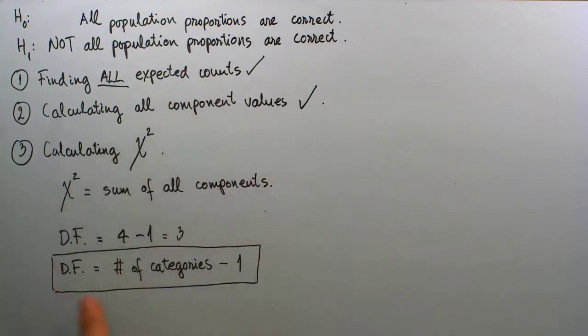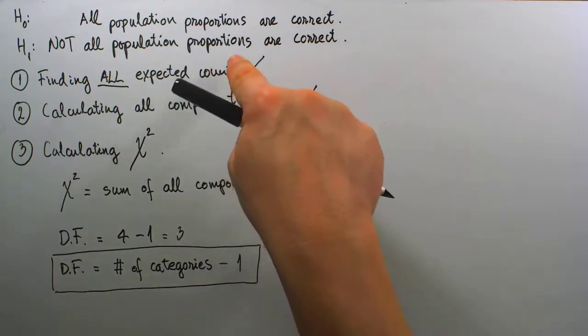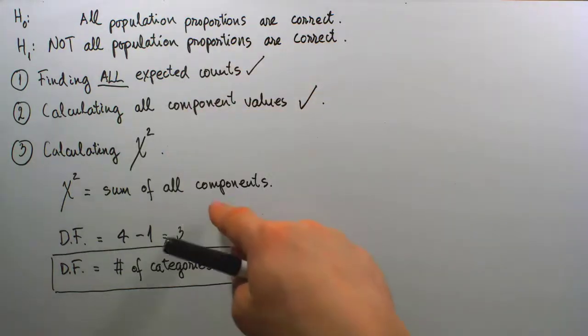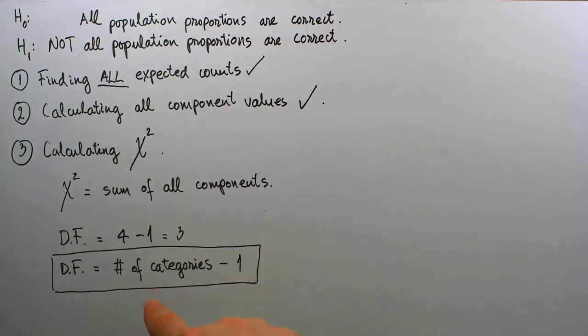I never regarded this as a formal step, because it's something we always need to calculate, but it can be done before starting any of the steps here, or way at the end, or in the middle, anywhere. It's a truth that exists with any problem where we're performing a chi-square test for goodness of fit.